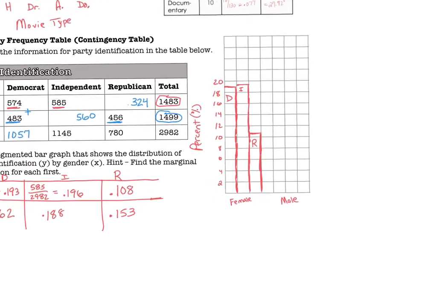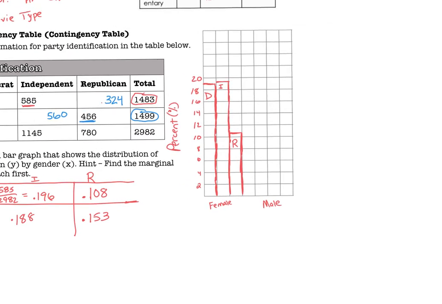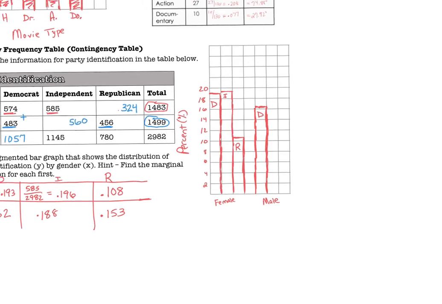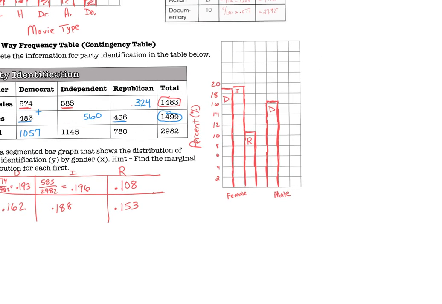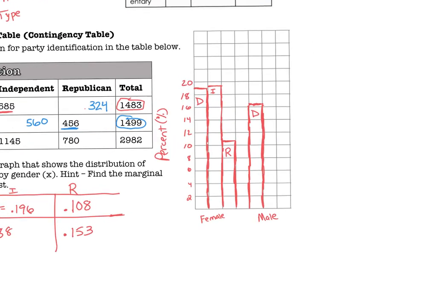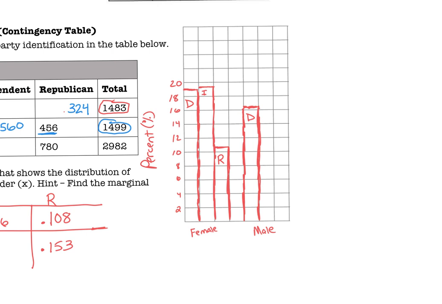So the male was 16.2%, so I'm going to give it a little space, and I'm going to take this up. 16.2% is just above 16, so just right there. And then we're going to bring it back down. I'm going to make a note that that's the Democratic. Independent was 18.8. Okay, and that was the tallest one. So 18.8 is just above 18 here.